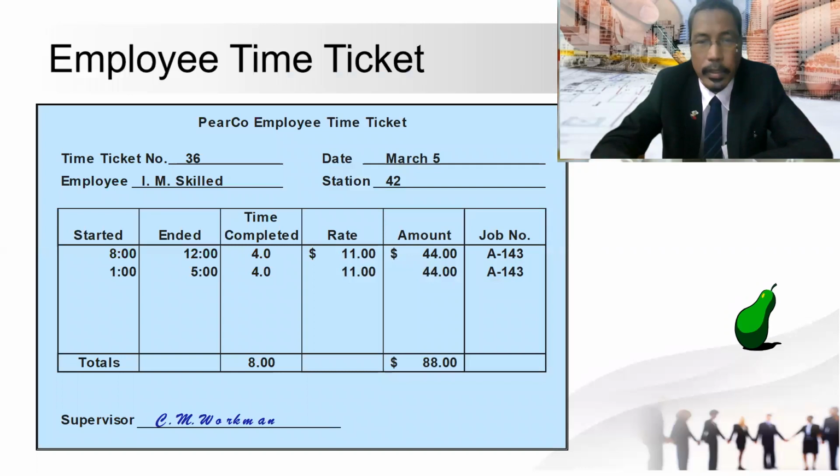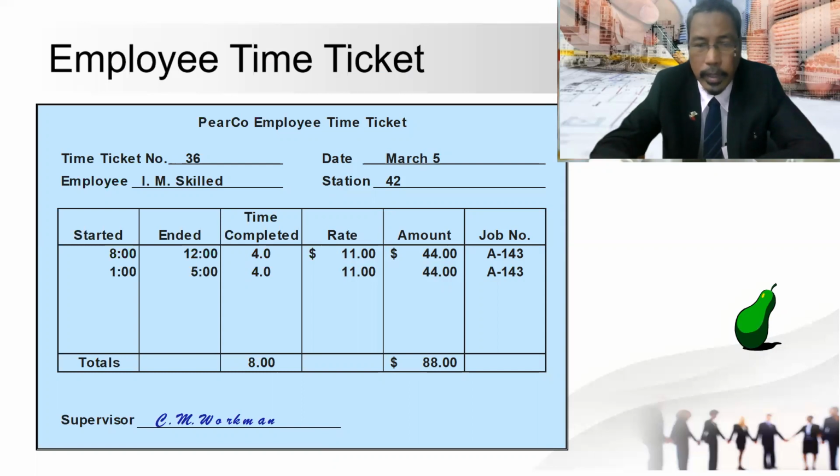Next, the employee time ticket. Time ticket number 36 is assigned to a certain area. Employee, skill, station 42, the date. Started at 8 to 12 and 1 to 5. So time completed is 4 hours plus 4 hours, total 8 hours. Amount of salary is 88.